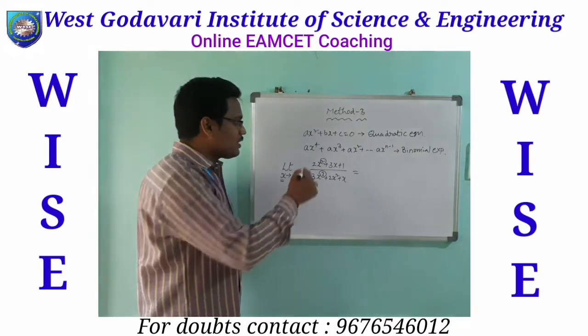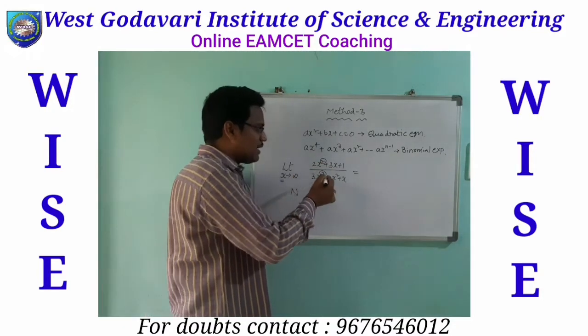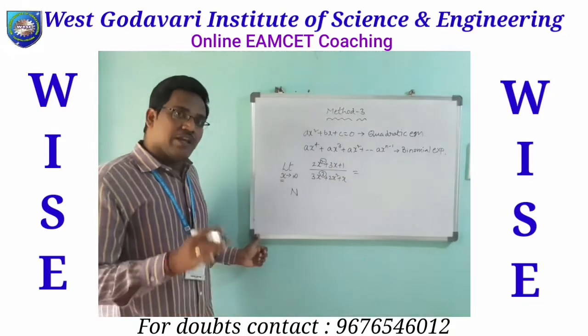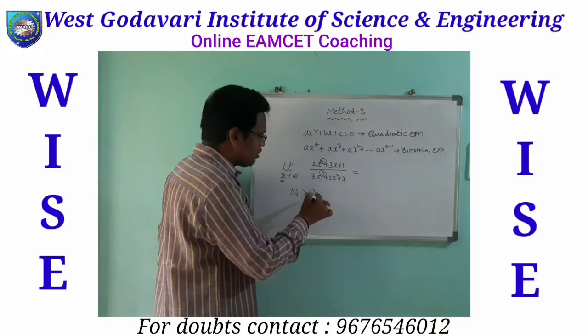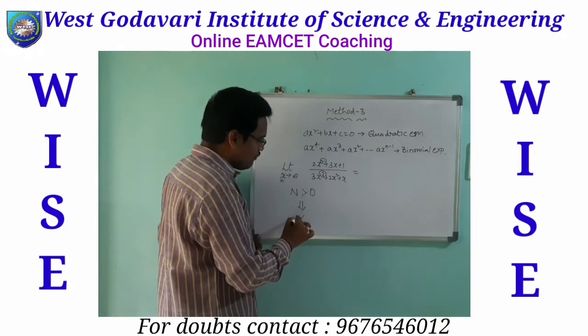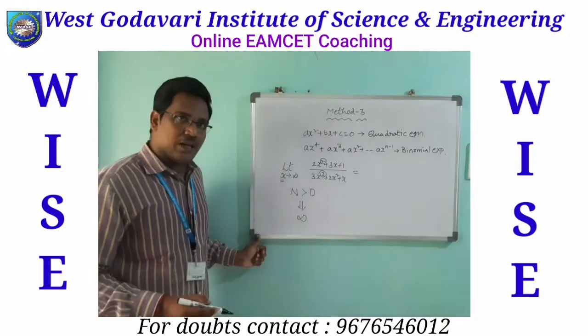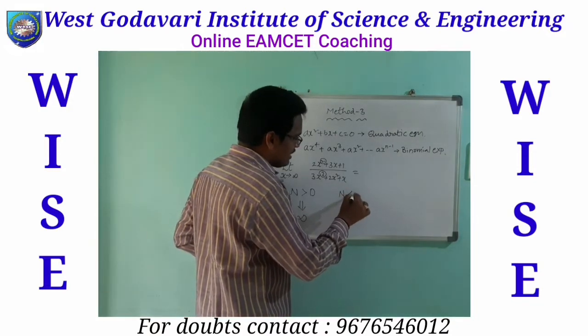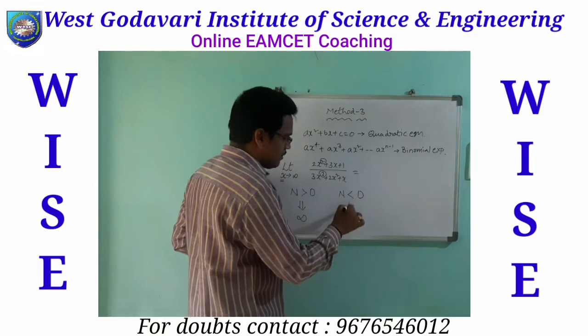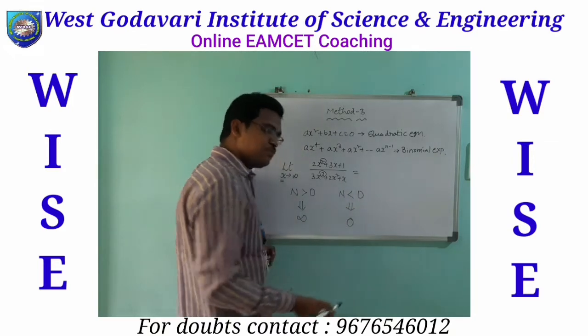Now we have to compare the highest power in the numerator and the highest power in the denominator. If the highest power in the numerator is greater than the denominator, then it tends to infinity is the answer for this question. In case 2, if the numerator power is less than the denominator, it tends to 0.